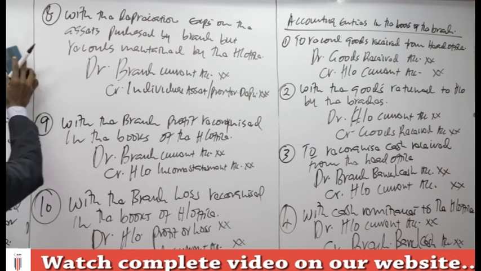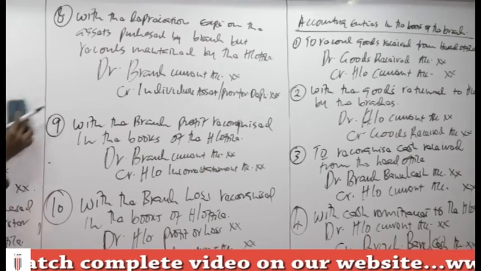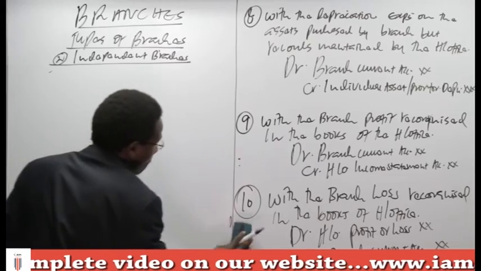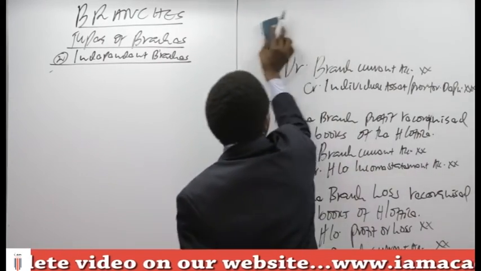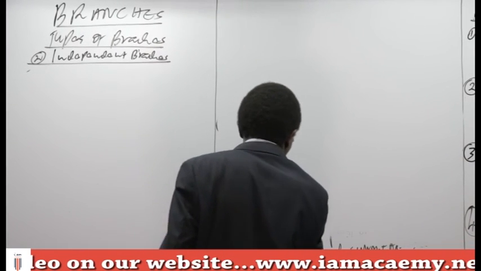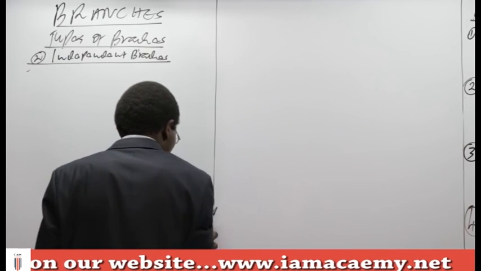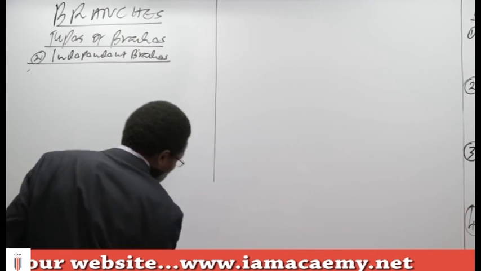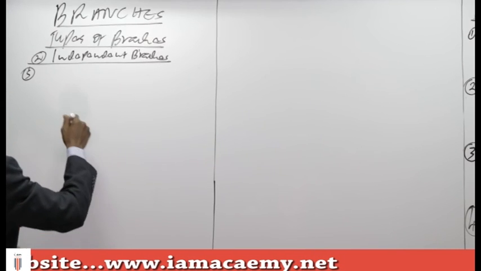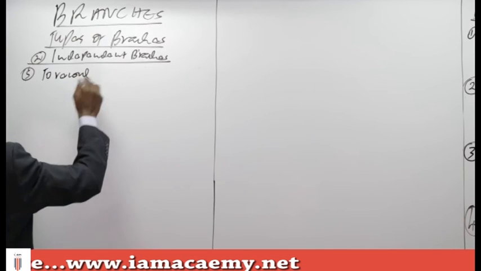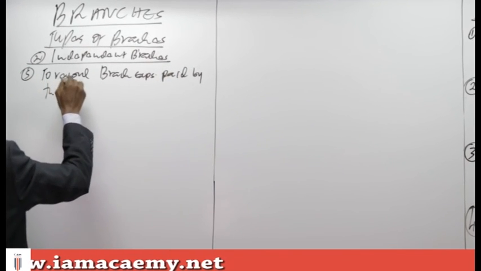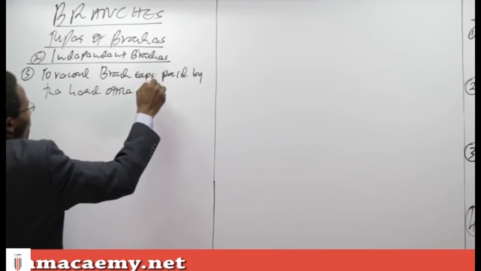Because of space, let me continue on the other side and say, number five, you are talking about some expenses, to record branch expenses paid by the head office on their behalf.